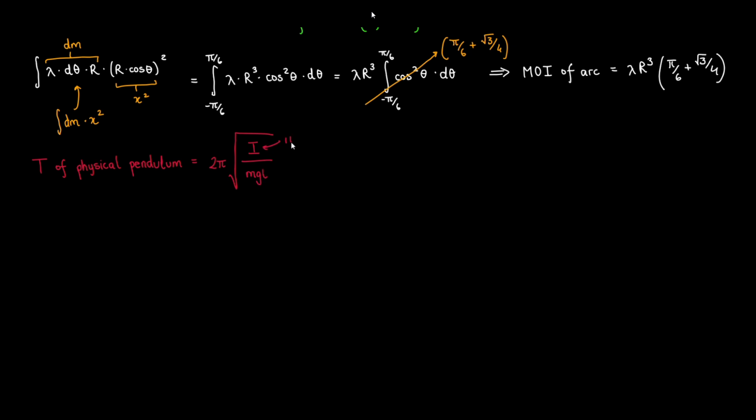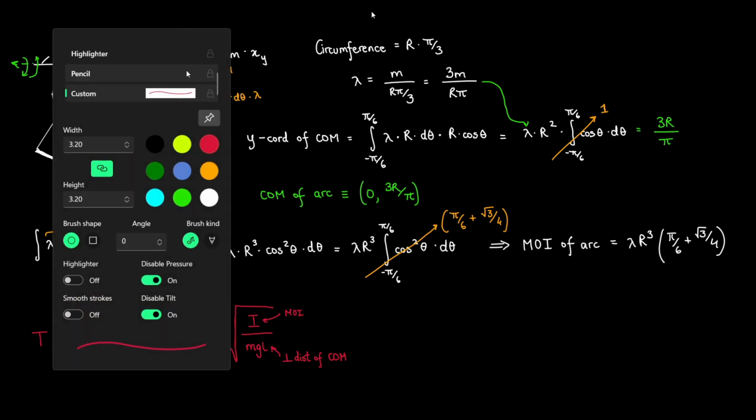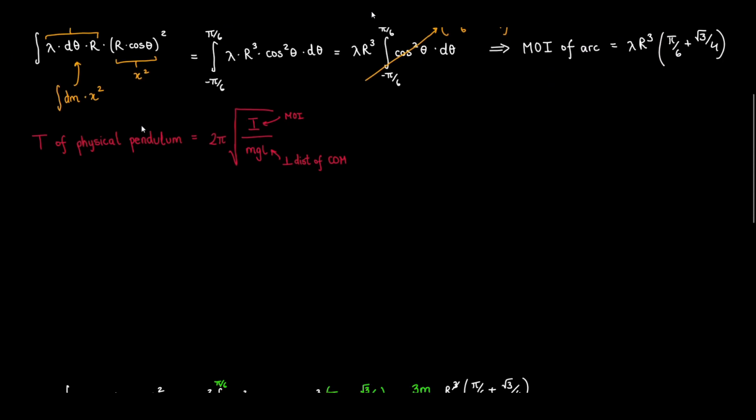Now here I is nothing but the moment of inertia of the object about the axis about which it is rotating, and L is nothing but the perpendicular distance of the center of mass. Now in the diagram, if we look, the perpendicular distance of center of mass, which will be right about here, is 3r by pi distance from the point of pivot. So the distance of center of mass will also be from here to here, which is 3r by pi.